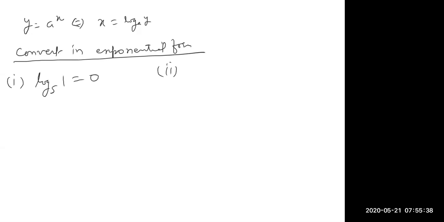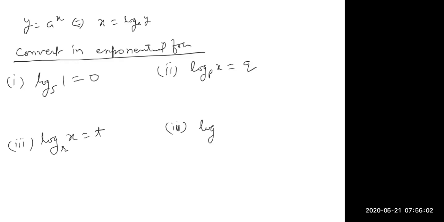Question number 2: log x to the base p is equal to q. Question number 3: log x to the base r is equal to t. And question number 4: log of 5 under root 5 to the base 5 is equal to 2 upon 3. So these questions are there. All of them we have to convert in exponential form.